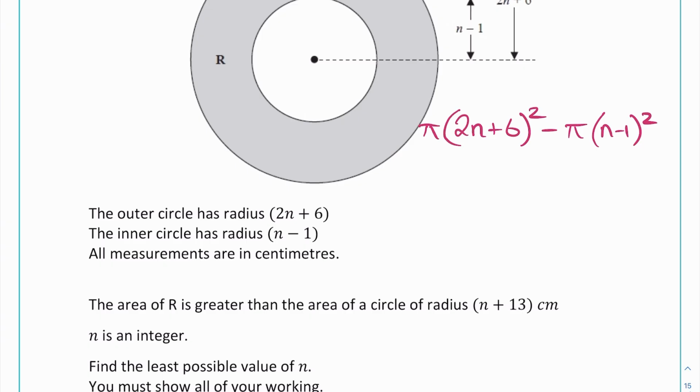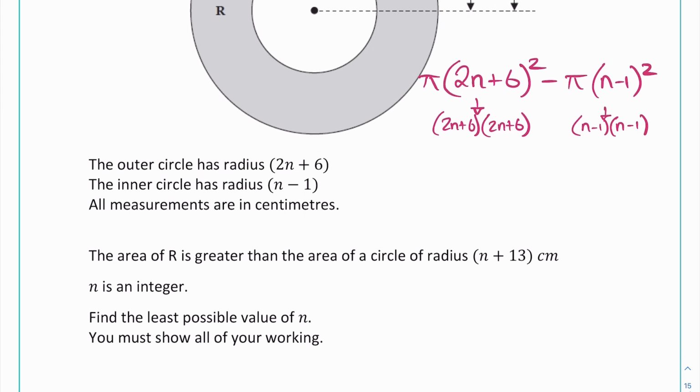So if we go about actually working that out and simplifying that, for the 2n plus 6, we've got double brackets there. So you've got 2n plus 6 and another 2n plus 6, and for this one you've got n minus 1 and another n minus 1 to work out, squaring those brackets.